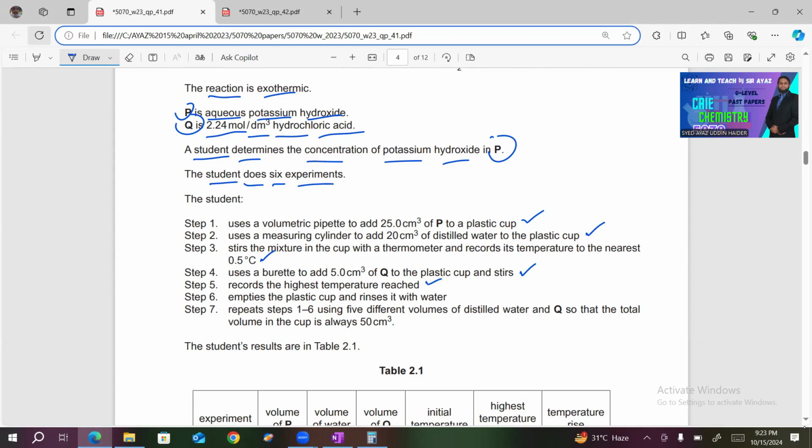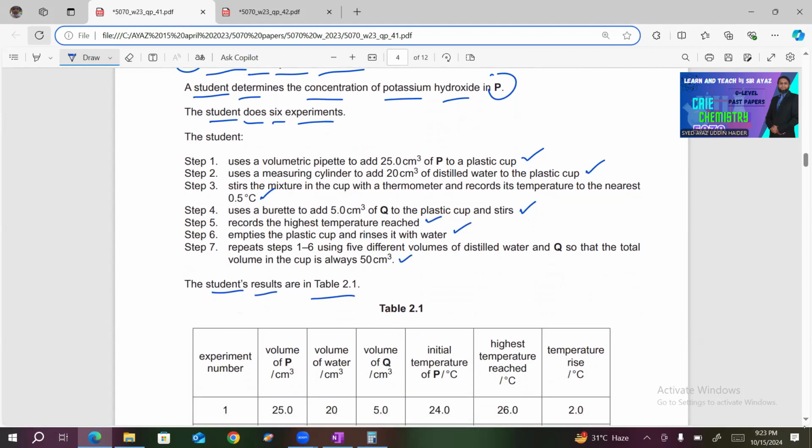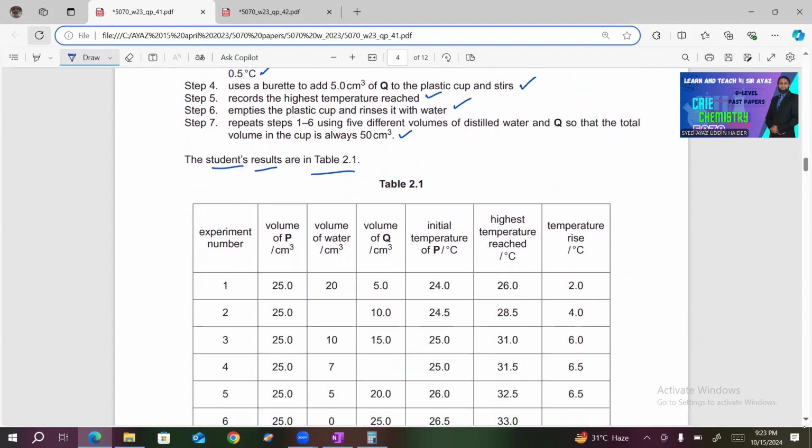Step number 6, empties the plastic cup and rinses it with water. Step number 7, repeats steps 1 to 6 using 5 different volumes of distilled water and Q so that the total volume in the cup is always 50 centimeter cube. The students' results are in table 2.1. So here's table 2.1.